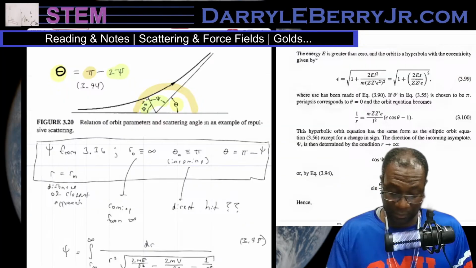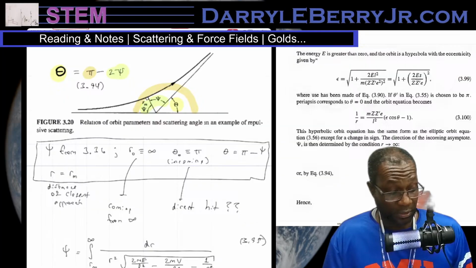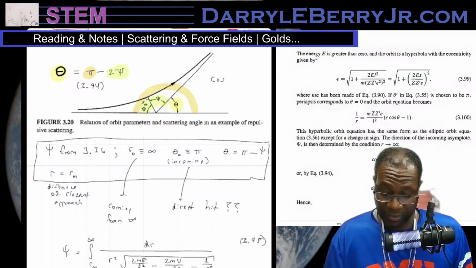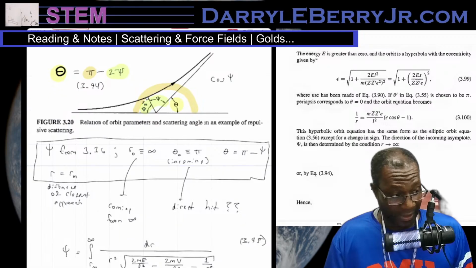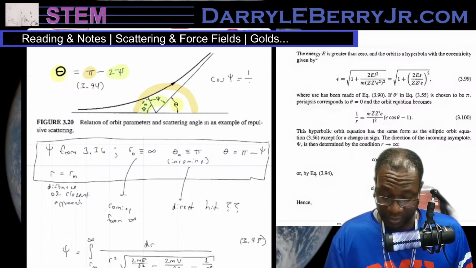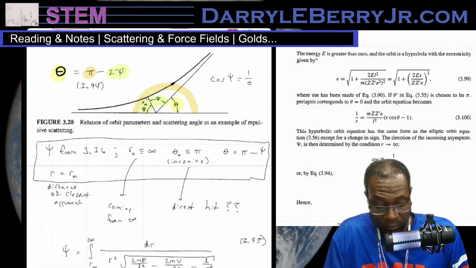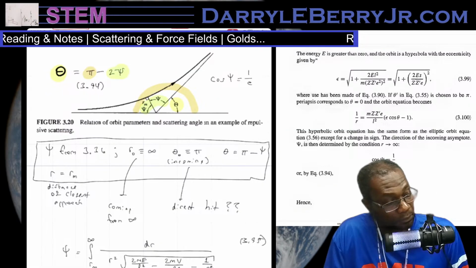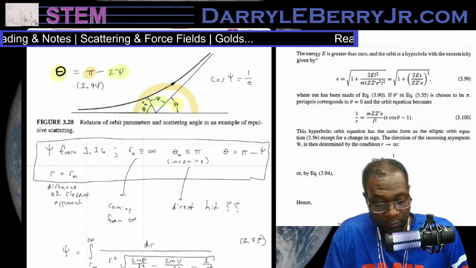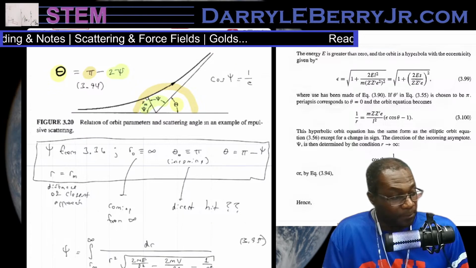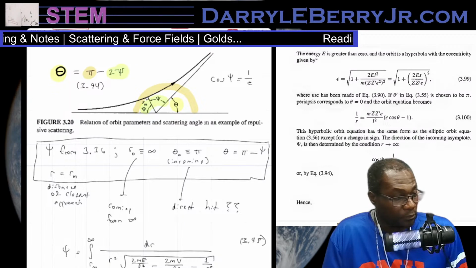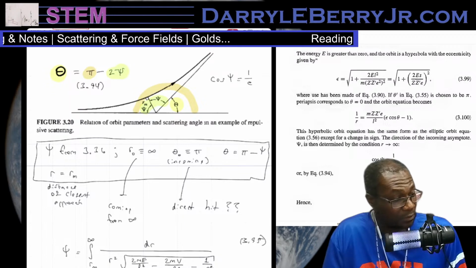So they're saying cosine psi equals 1 over the eccentricity of the orbit, as r approaches infinity.